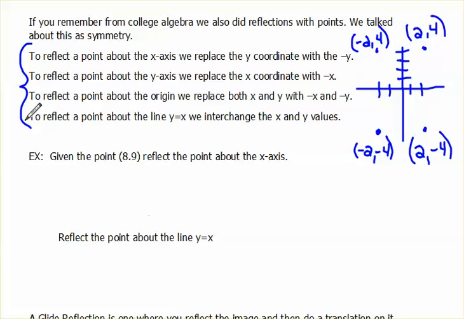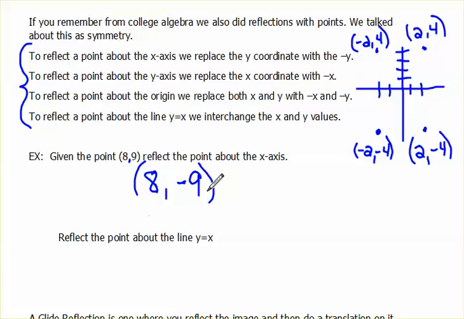Okay, so let's look at an example. This one says given the point 8 comma 9, that should be a comma, not a period there, sorry about that, reflect the point about the x-axis. So in order to reflect the point about the x-axis, we replace the y-coordinate with the opposite y. So that would be the point 8 comma negative 9.